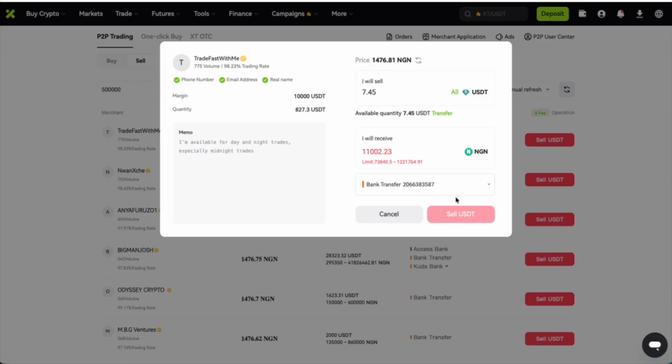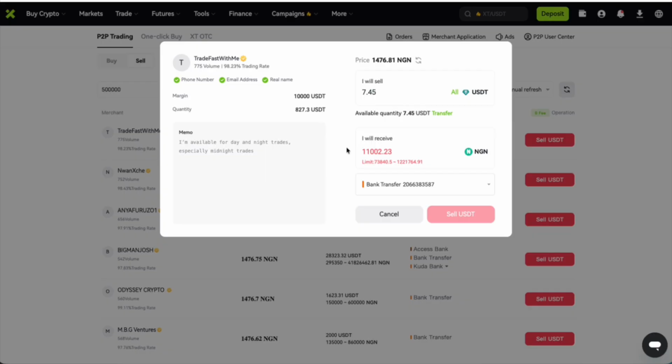Now, let me emphasize here, for those of you who think, oh, I'll come and say the person has transferred money, then I'll cancel. You cannot cancel, and you cannot run away with the money. So XT Exchange is only standing as a middleman between you, the seller, and the buyer, or you, the buyer, and the seller. Once you click on sell, the USDT here will be locked until both of you agree that I have received money, I have seen payment. That is when they will go ahead and release the payment.